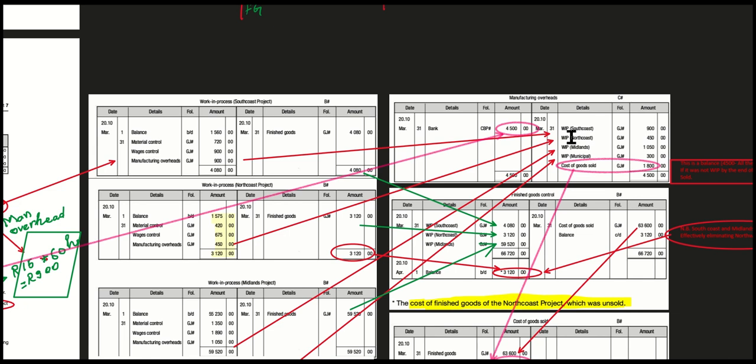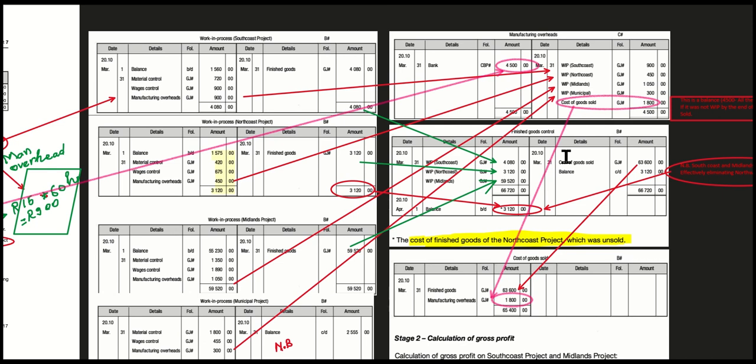It is not there in the work in process. Therefore we can safely assume that that amount belongs to what is already sold. Because when we go into the work in process account, we cannot account for that difference. And if it's not in the work in process, we can safely assume that it can be attributed to cost of goods that is already sold.